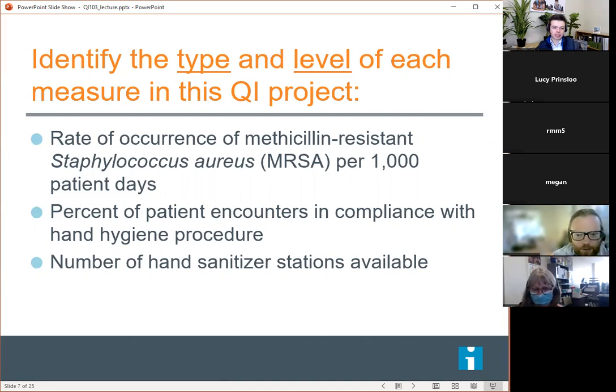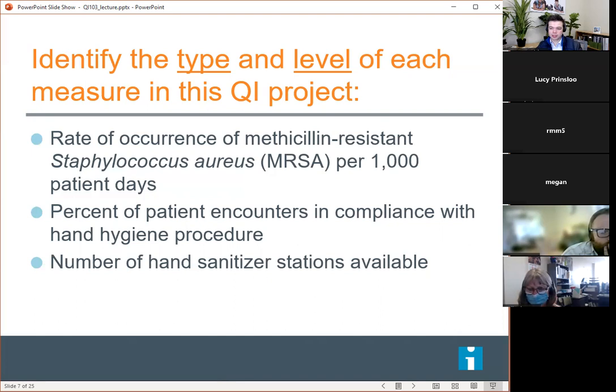So for those of you just listening, perhaps the first one is rate of occurrence of MRSA per 1,000 patient days. The second one is percent of patient encounters with compliance with hand hygiene procedure. And the third one is number of hand sanitizer stations available.